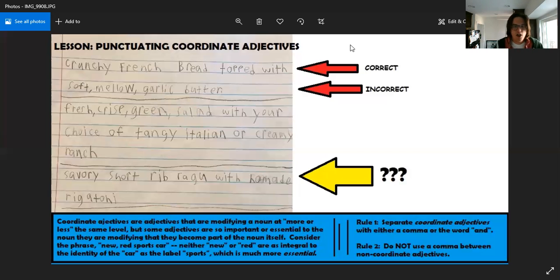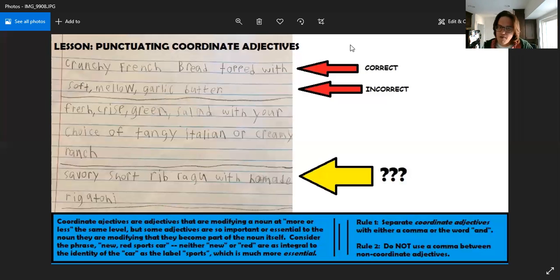Fresh, crisp, green salad. Fresh and crisp, absolutely coordinate adjectives. Green is interesting here because I would argue that in American vernacular, American English usage, green probably is coordinate.